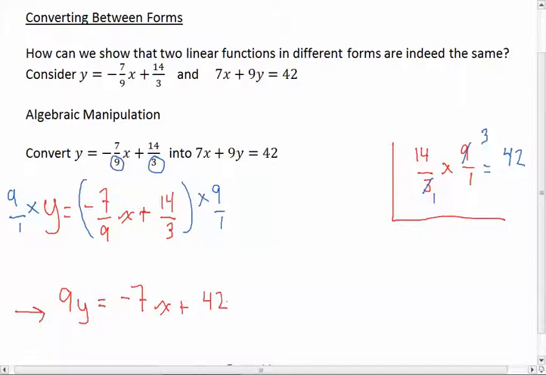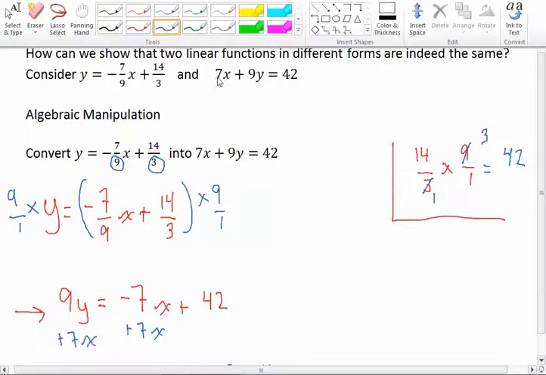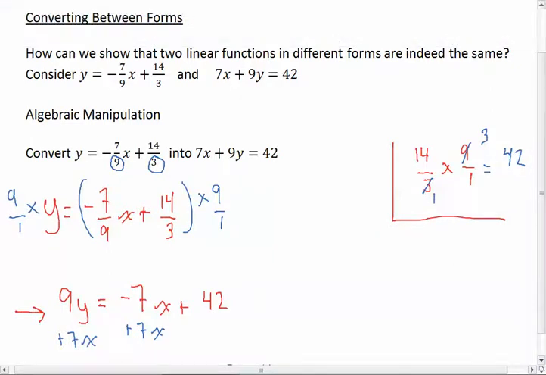Okay. So now the next step that I need to do is I need to bring this x term over. So I'm going to do that by adding 7x to both sides. And remember, x's and y's don't add together. They're not like objects. So this is going to give me 9y plus 7x is equal to 42.